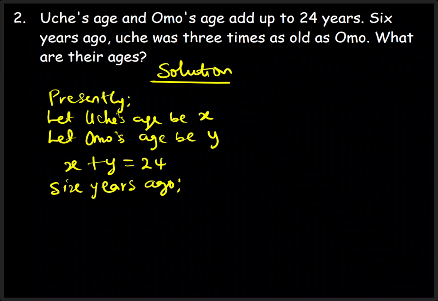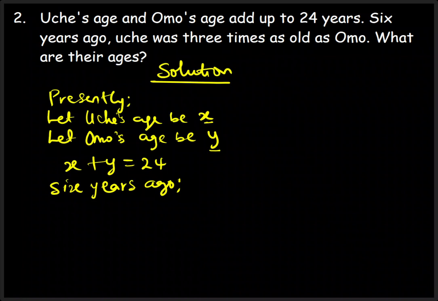Uche was 3 times as old as Omo. By the way, 6 years ago, if Uche is x years old now and Omo is y years old now, then if you are considering your age, 6 years ago would just be your present age minus 6.